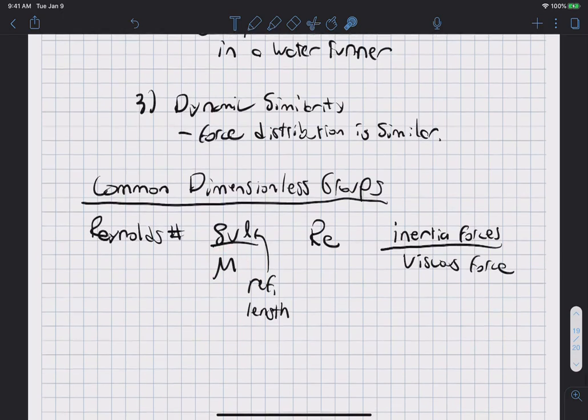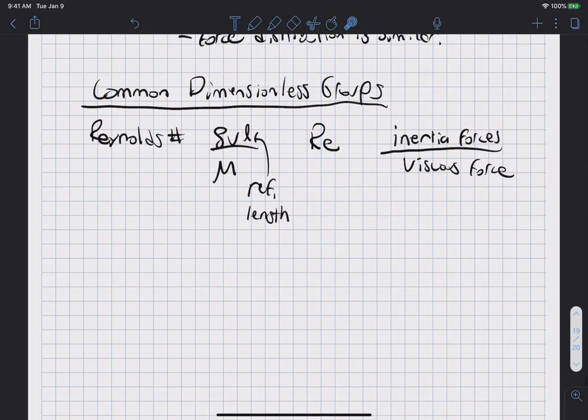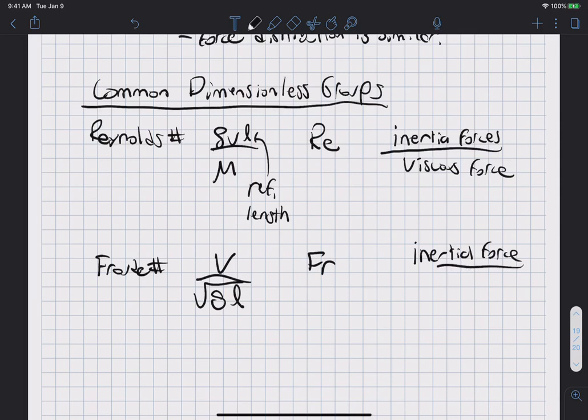There's a more formal way of actually showing that, but in this class I'm not going to do that. And there's a Froude number, which is equal to V over square root of gL, given by the symbol Fr, and that is heuristically the inertial force over the gravitational force.